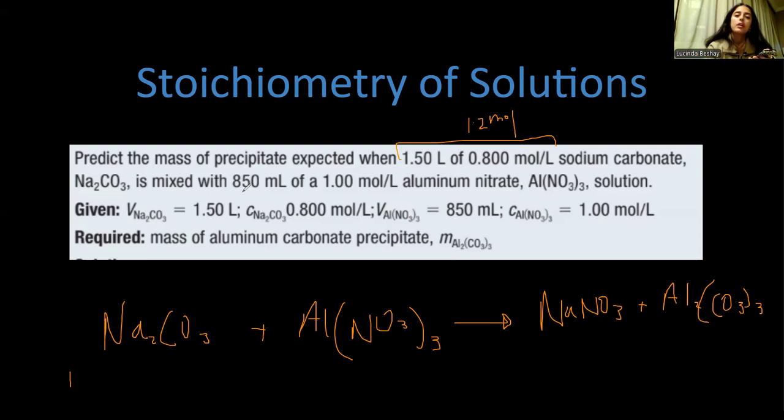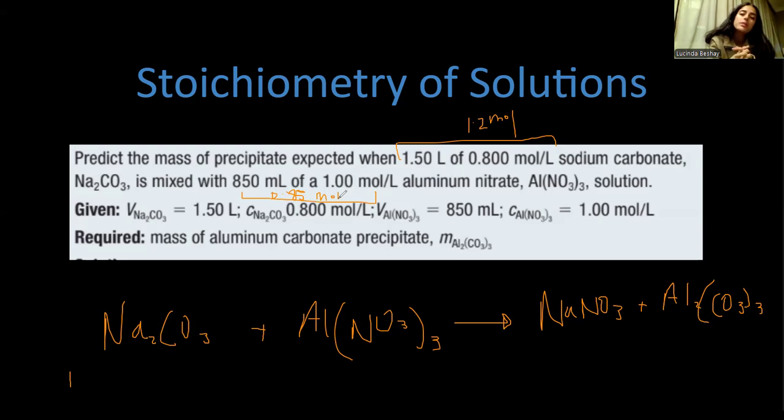And the second one is going to be 0.85, and again the unit is going to be moles. Notice I converted the milliliters of volume to liters. Again and again, I'll keep repeating: you have to have the unit liters for the volume and concentration equations.